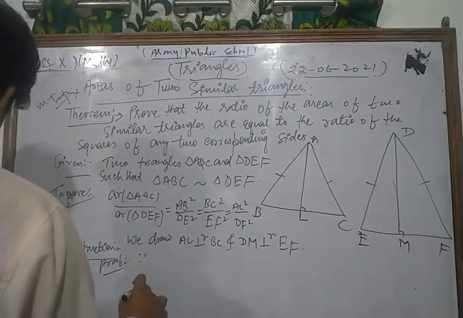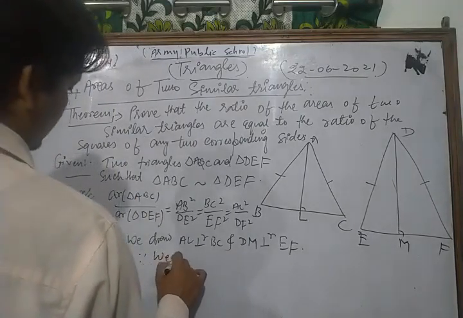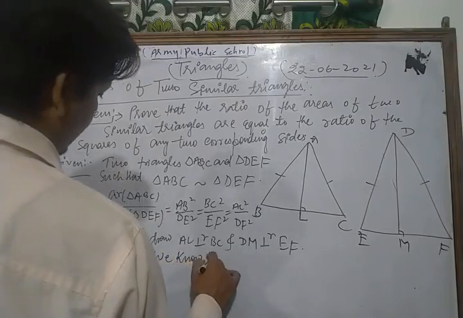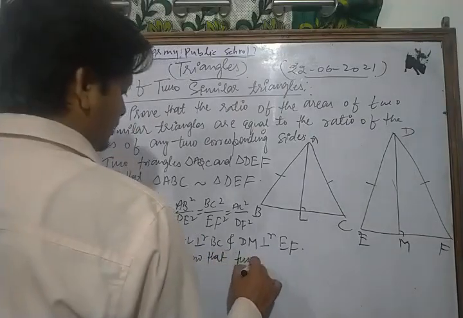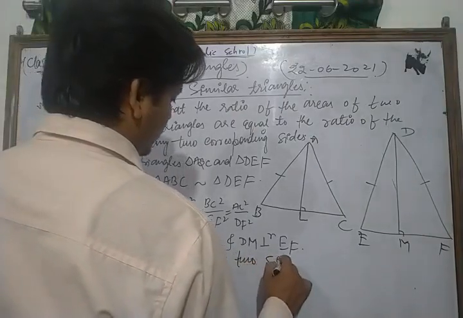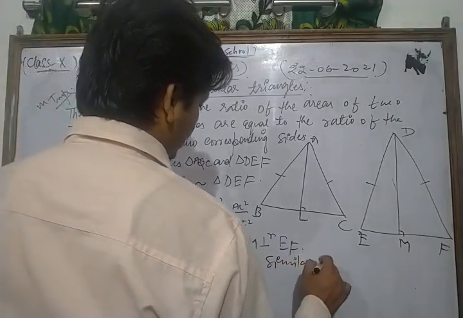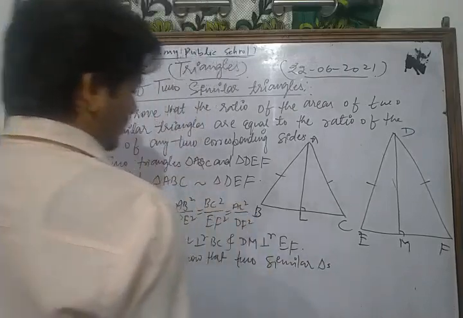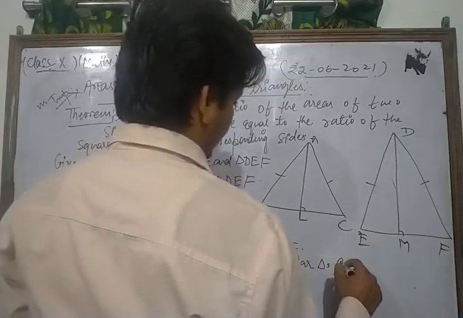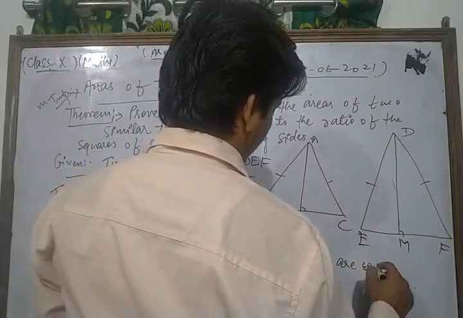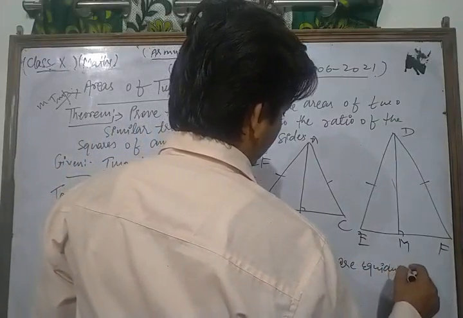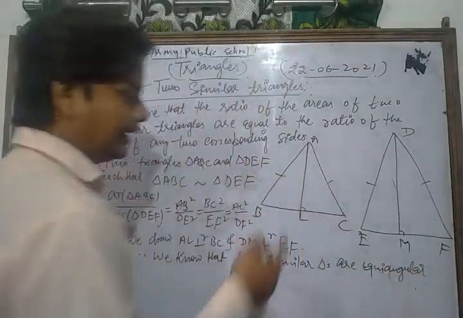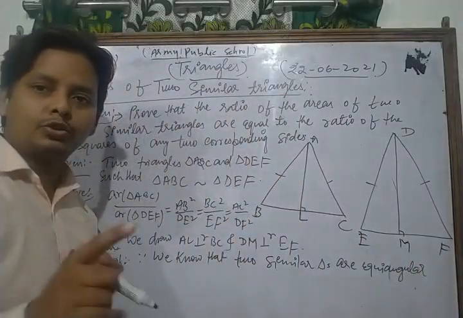Since we know that two similar triangles are equiangular and their corresponding sides are proportional to each other.